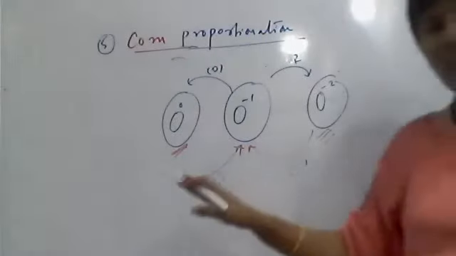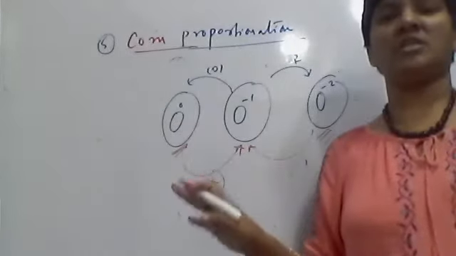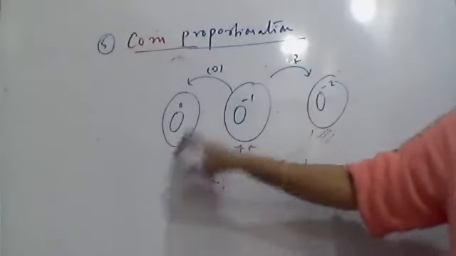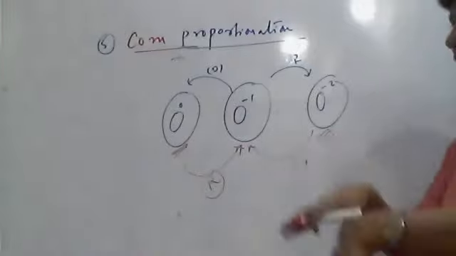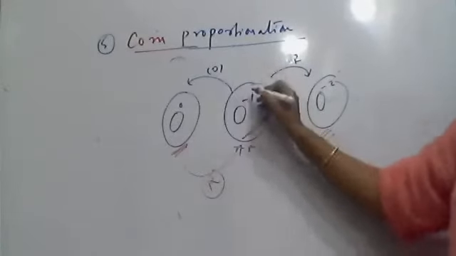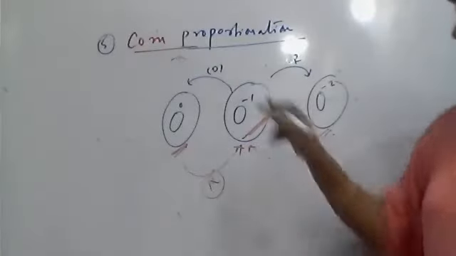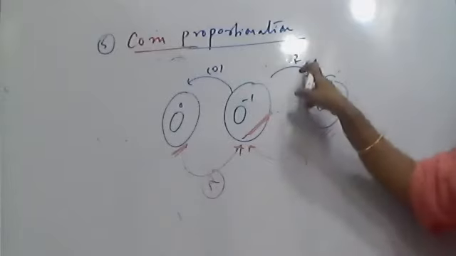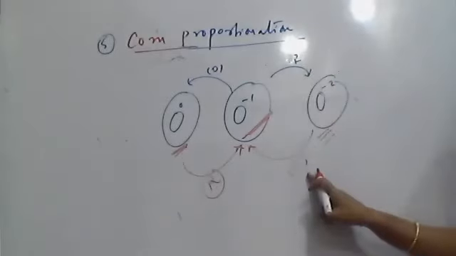Here also, the same 3 different oxidation states. But here the lower oxidation state and higher oxidation state combine to form the intermediate oxidation state, in the opposite manner to disproportionation. Where oxidation was there, now it is reduction. Where reduction was there, now it is oxidation.